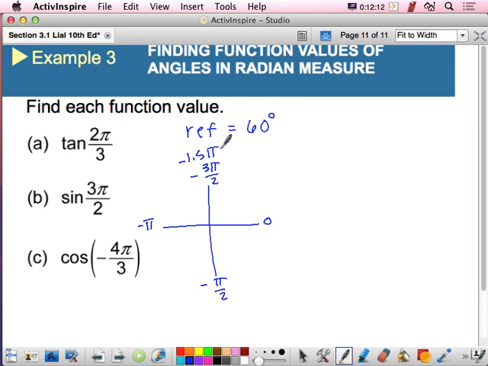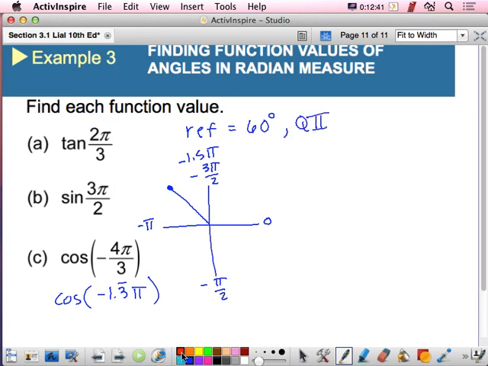I'm looking for -4/3 pi, which is like -1.3 pi. So if this is -1 pi and that's -1.5, -1.3 has to be about right here. So we can see that it is in the second quadrant.